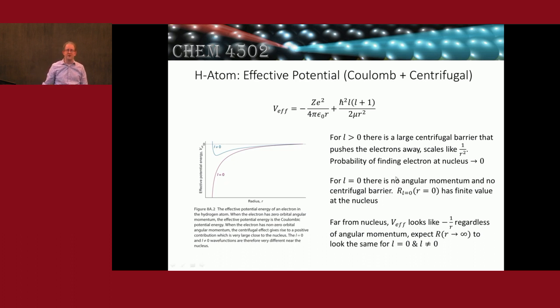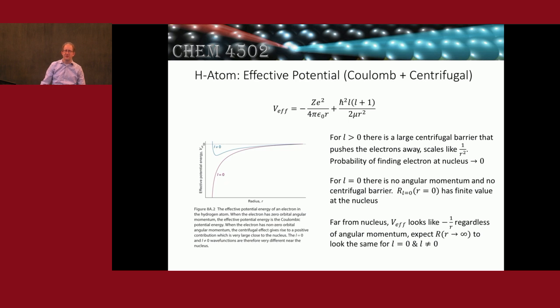For L equal to 0, there's no angular momentum and no centrifugal barrier. And it's going to turn out that our radial wave function is going to have a finite value at the nucleus. When L is greater than 0, that radial wave function is going to go to 0 at the nucleus. There's not going to be any probability of finding it there.